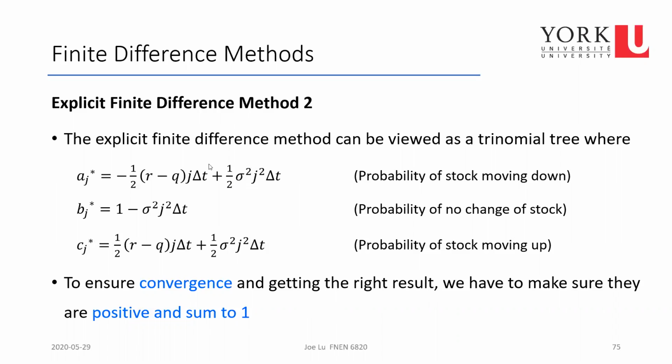If you have volatilities and those parameters in such a way that when you add them up they don't get to 1, then your explicit finite difference method would not converge. So to ensure it converges, we have to make sure that each of them, A_j star, B_j star, and C_j star, is positive, and when you add them together, they come to 1.